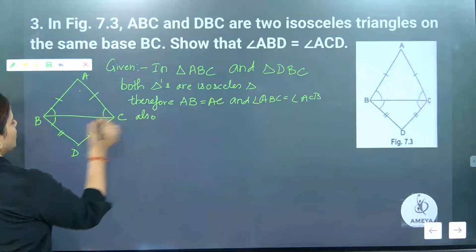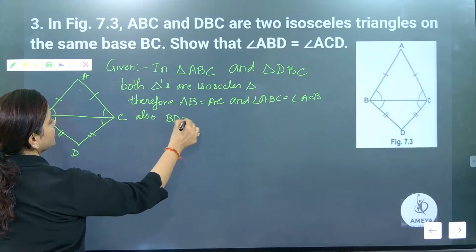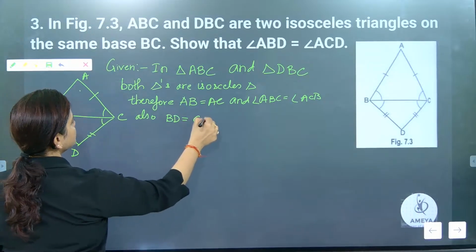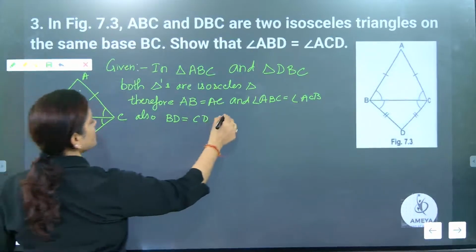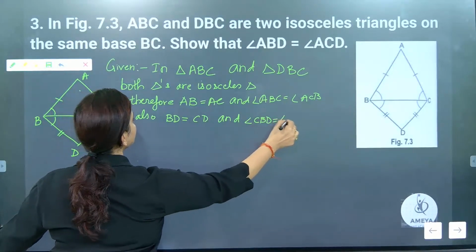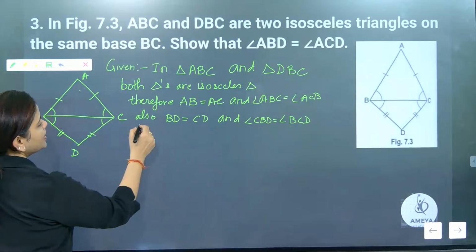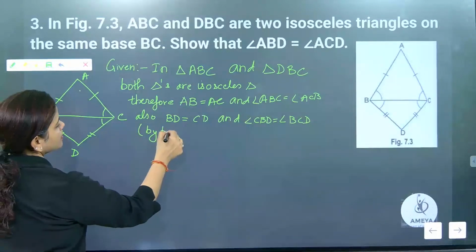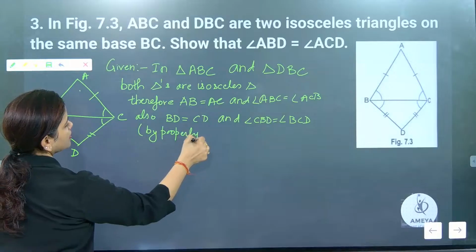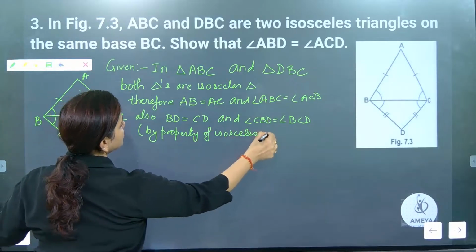Also, what part is there? BD is equal to CD and angle CBD is equal to angle BCD. Done, na beta? By property of isosceles triangle.